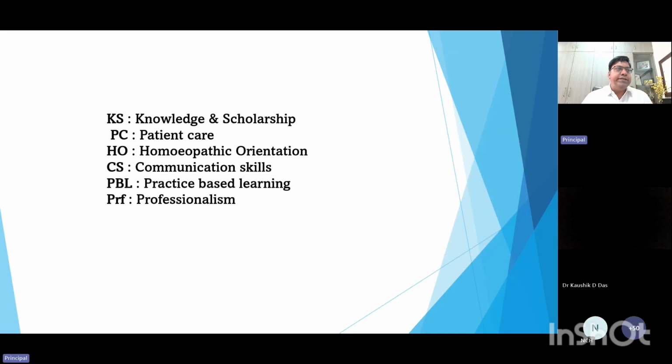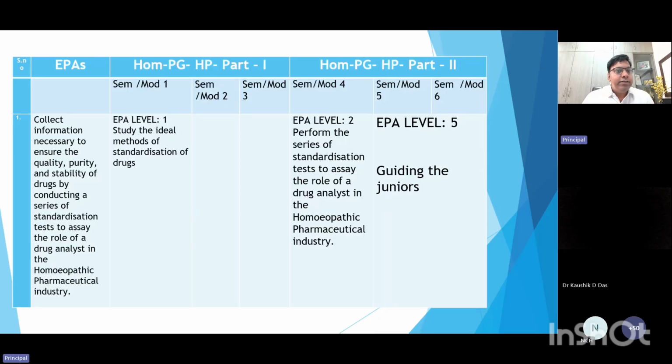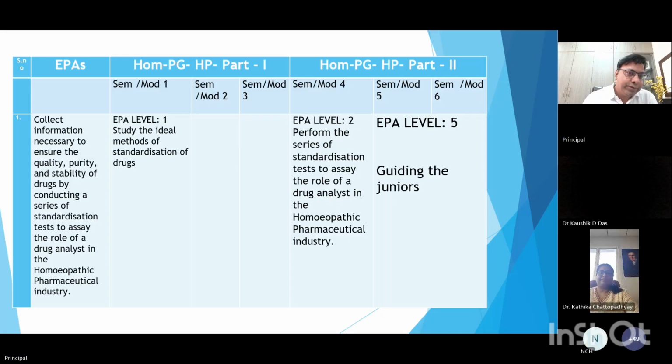These are the competencies: knowledge and scholarship, patient care, homeopathic orientation, communication skills, practice-based learning, and professionalism. Going ahead, this table you have seen, which is there in the curriculum. Against each EPA, we can see the different levels and semester-wise distribution.